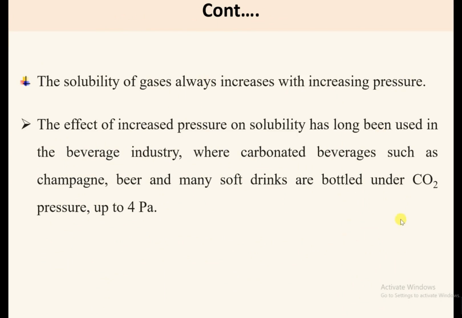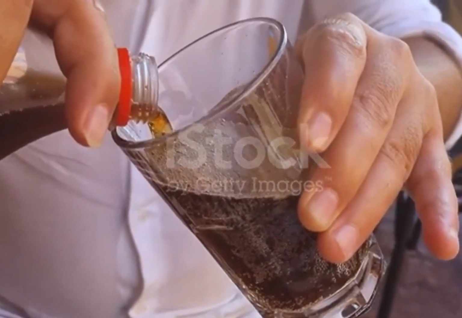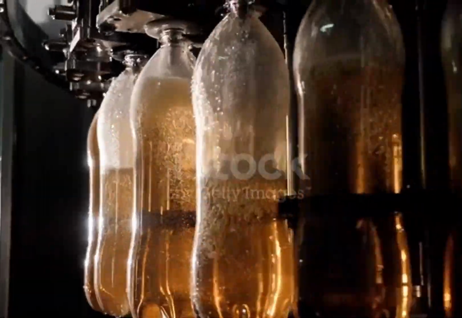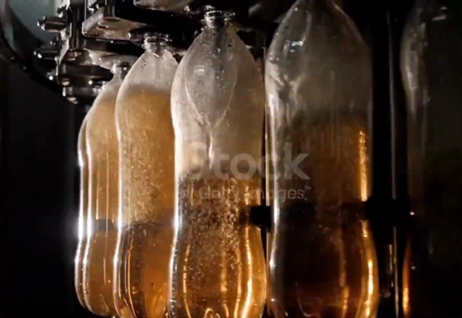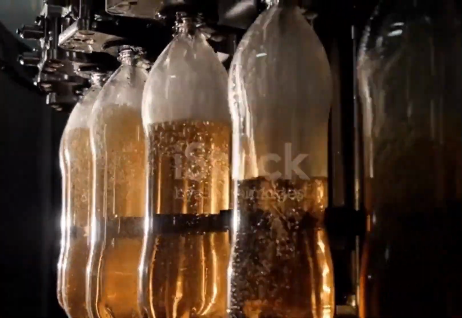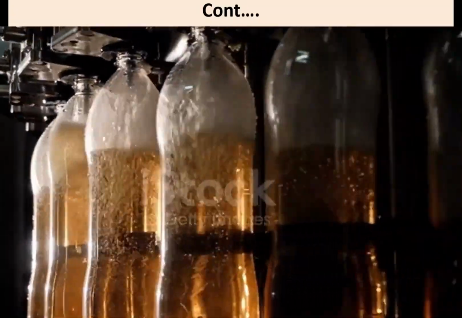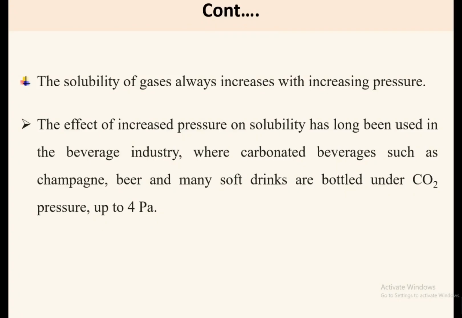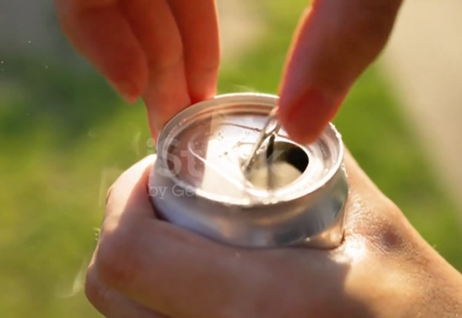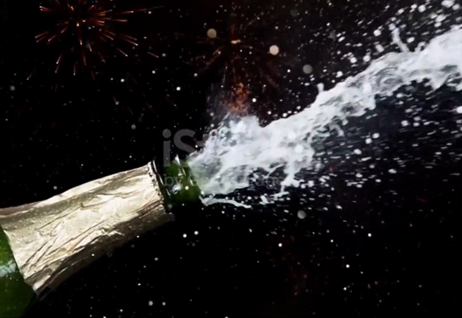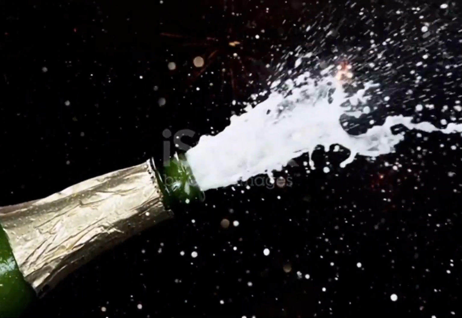ብለናል ለምሳሌ soft drink ላይ ያው carbonated soft drink ብንወስድ at 4 pascal pressurized ስናደርገው the solubility of carbon dioxide would increase in the solution okay. እንግዲህ carbon dioxide at 4 pascal ላይ በዚህ pressure ነው ማለት ነው soft drinks ላይ carbon dioxide dissolve የሚያደርጉት ማለት ነው። ኦኬ ሚሪንዳ ኮካ-ኮላ ሌሎችም soft drinks ላይ ያው it is common that the carbon dioxide is dissolved in these soft drinks, champagne, beer ሊሆን ይችላል.